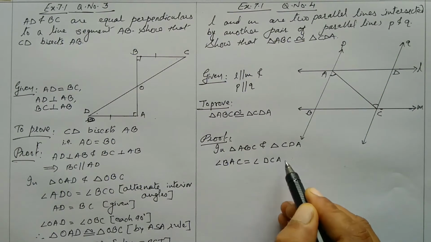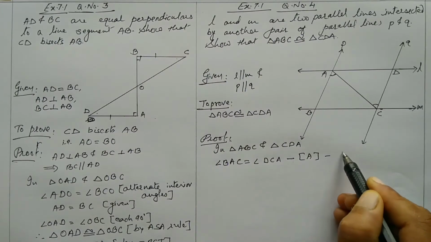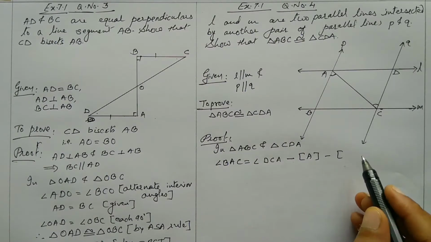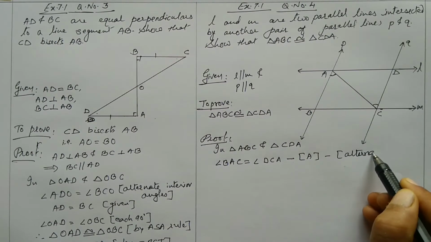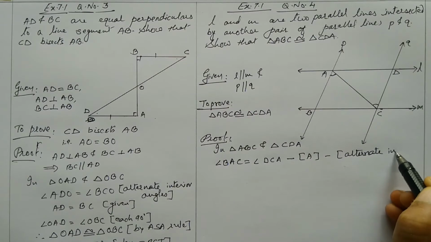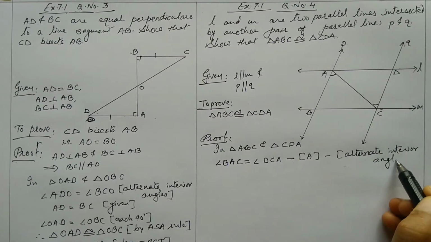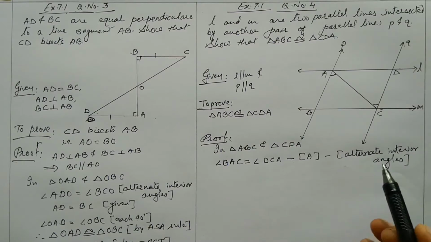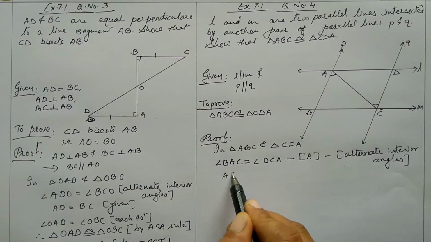I am writing here in brackets, this is one pair of angle. Reason A for angle. Reason alternate interior angles. Okay, alternate interior angles.